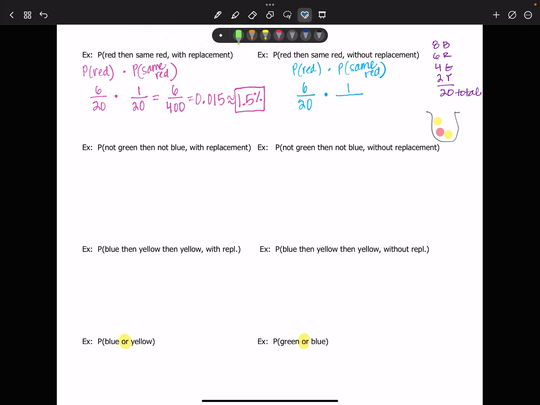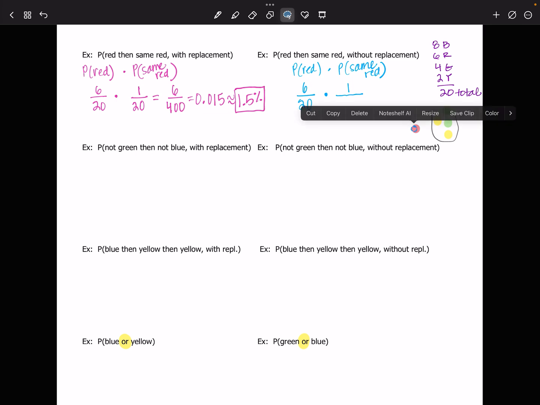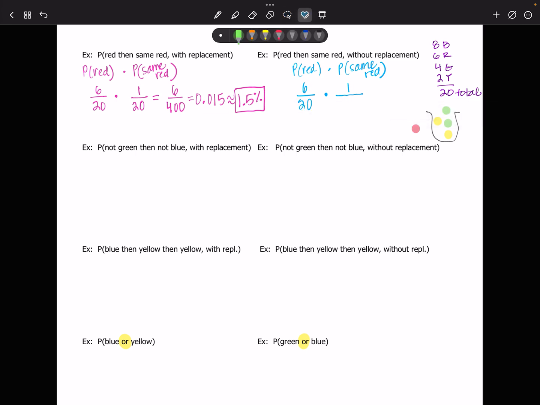There's some green ones. If I take this red marble out and I don't put it back in, how can I pick that same red marble a second time? You can't. So this would not be 1. This would be 0 out of 19. That same red marble's not there once you take it out.